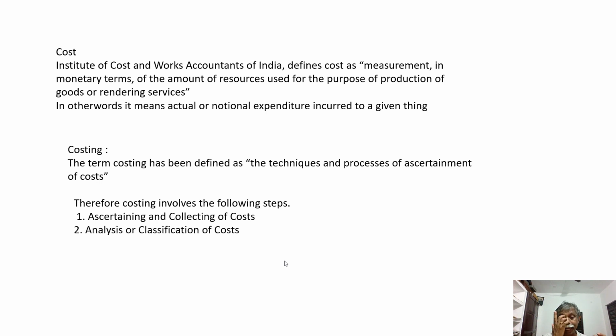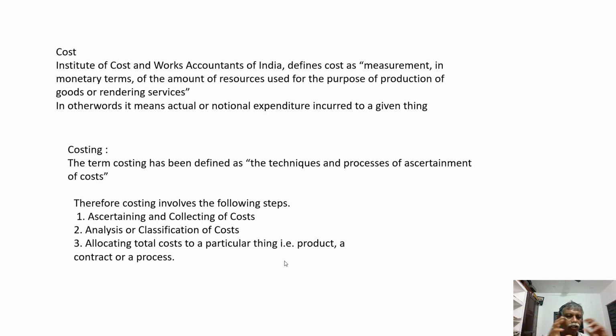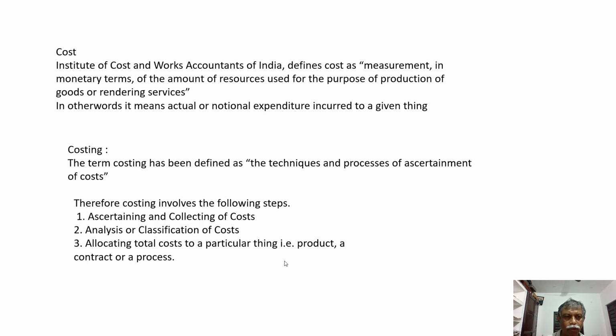And then you have ascertained the cost, you collected the cost together. Now analyze or classify the cost. Okay. Allocation of total cost to a particular thing. Then this total cost you need to allocate, okay, this cost is incurred for this product or this service or this contract or for this process. Okay, so that is costing. I hope you got it.